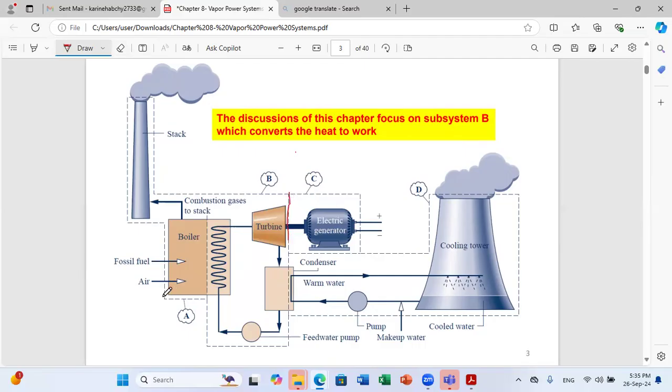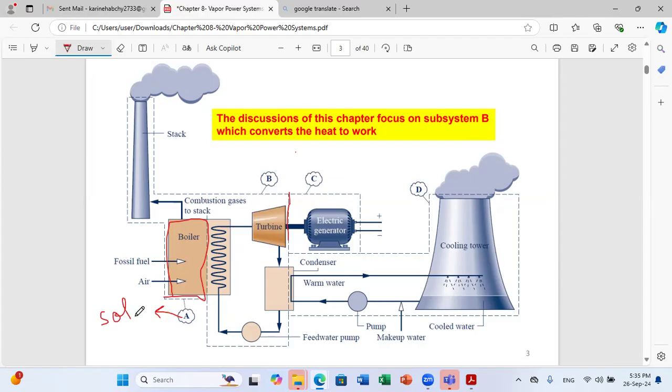If we start with A, it is our boiler. In this boiler, we need to supply heat, but this heat can be from a variable source. For this system, we can already consider a nuclear reactor, a system based on fossil fuel, a solar system, or a geothermal system.